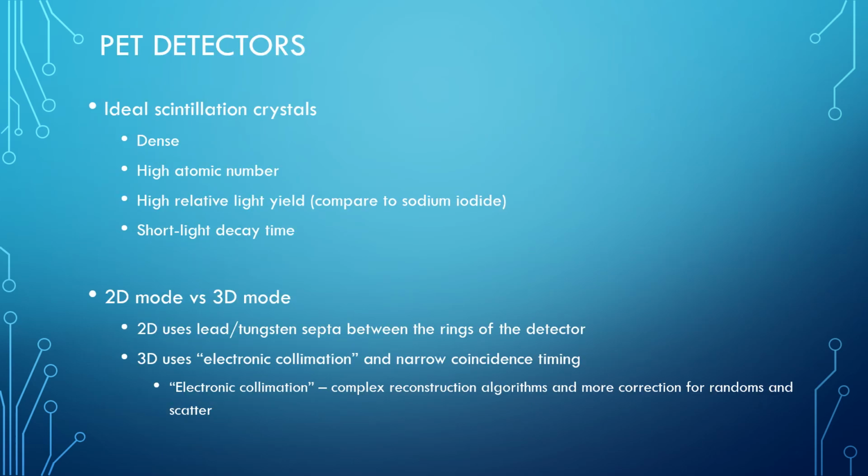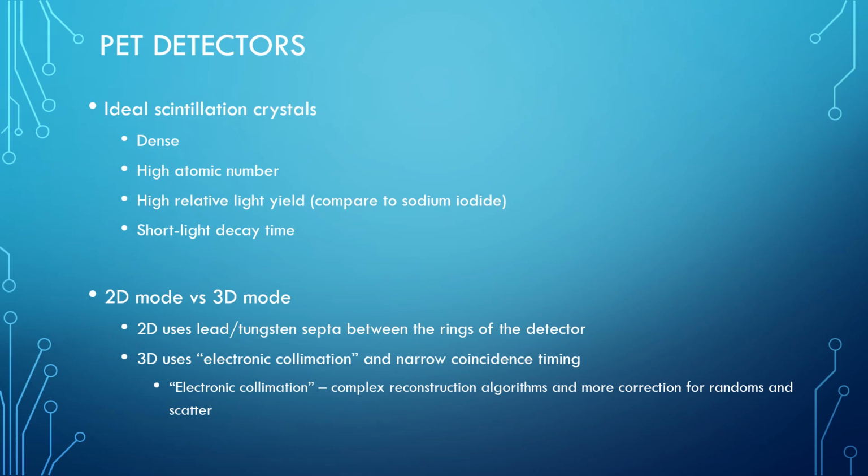So the ideal detectors for scintillation crystals should be dense. They should have a high atomic number and a high relative light yield compared to sodium iodide. So they need to be denser than the gamma cameras so that they can trap the high energy photons. This is where the high density and high atomic number come into play.